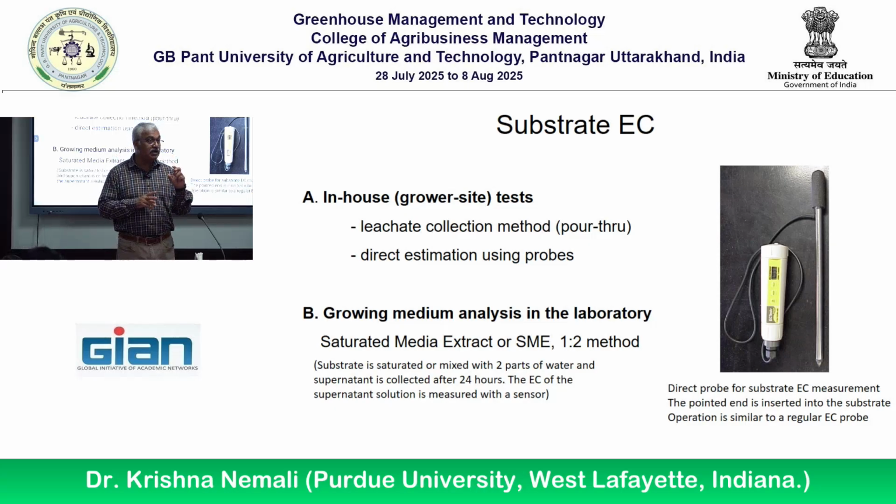Pore water measurement is the concentration of ions in the substrate pores. There is a solution in the substrate pores, and in that solution you have all these ions dissolved. That is the pore water EC, and that is what roots are seeing exactly. But with this sensor, 85 to 90% of the reading is affected by that pore water EC.